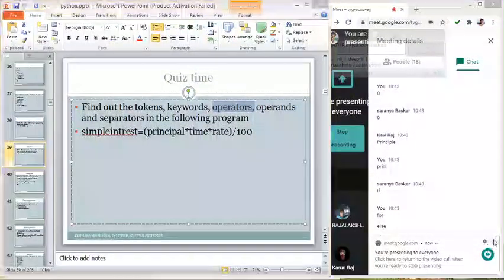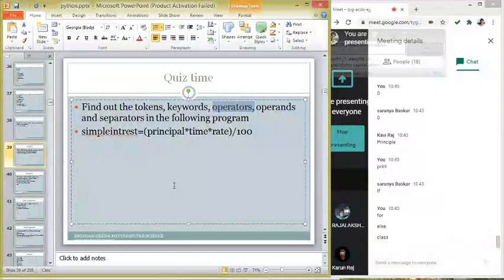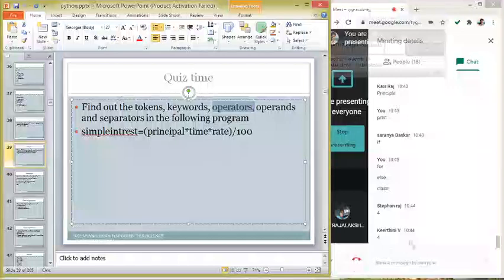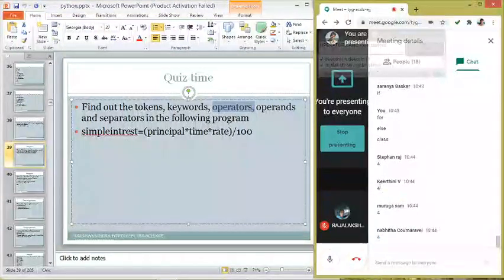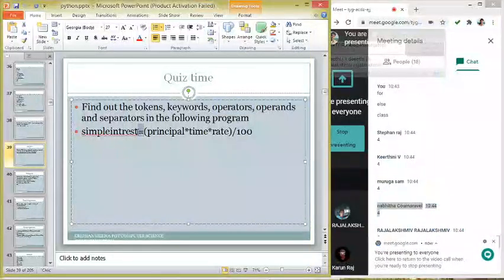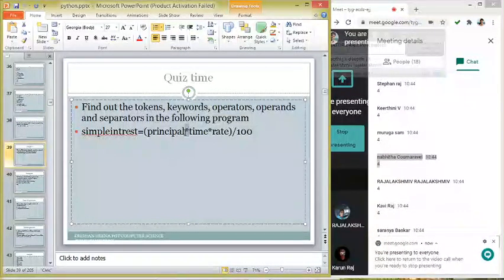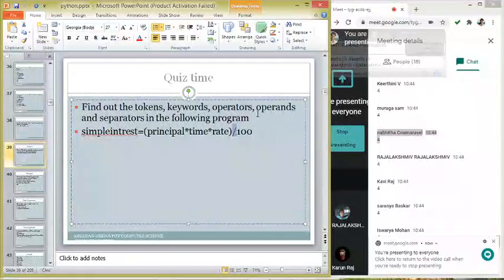Next question. Can you tell me how many operators are available in this program? Count properly and tell me the number of operators only. Stephen Raj has given the answer as 4. Murga also 4. Kirtani, Nabita 4. Yes. Operator number 1 equal. Operator number 2 multiplication. Operator number 3 multiplication. Operator number 4 divide. Next question.